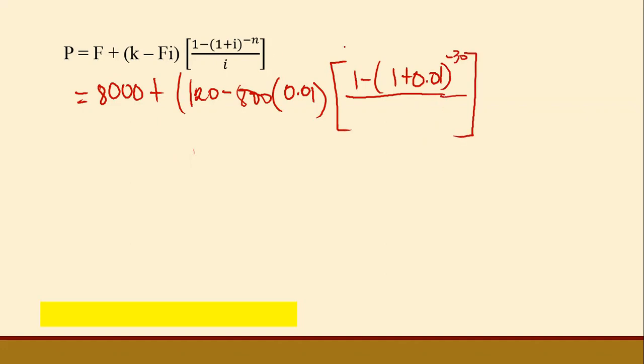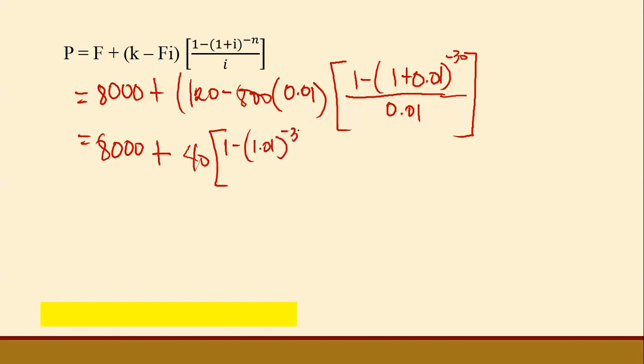So negative n ulit siya. And this is 0.01. Next is, tuloy lang yung calculation. So the value of this one is 40. Okay. So 1 minus 1.01 raised to negative 30 over 0.01.